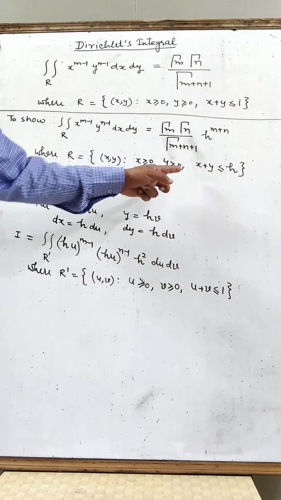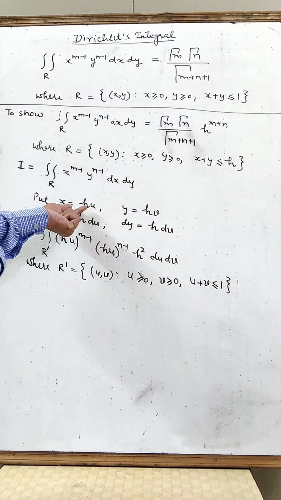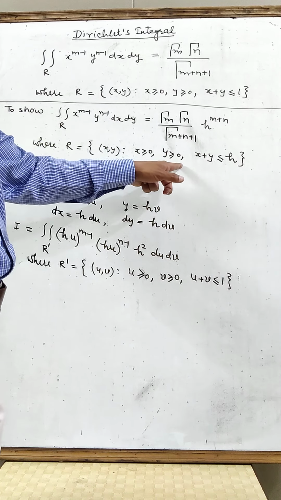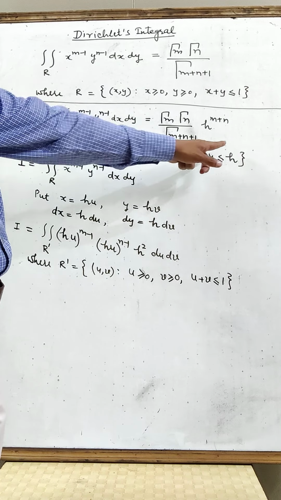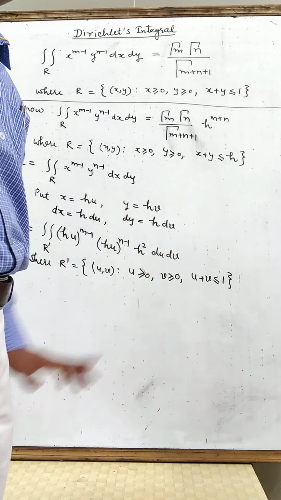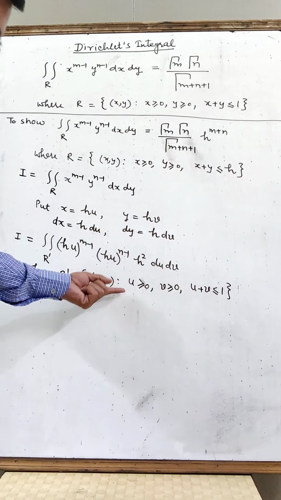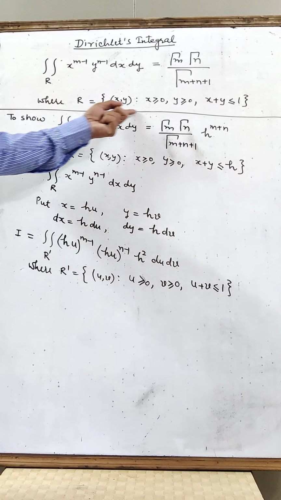Students, just check it out here. When we replace x by hu and y by hv, then h will come out as common and we can cancel it out and we can write this. So now you can see that this region is in the same format.